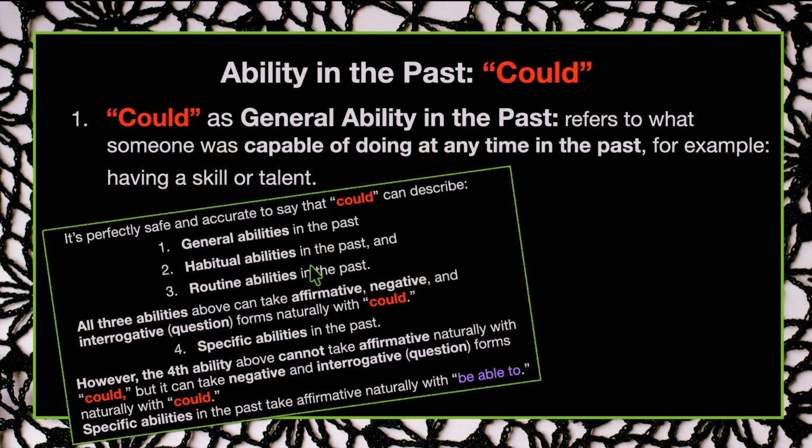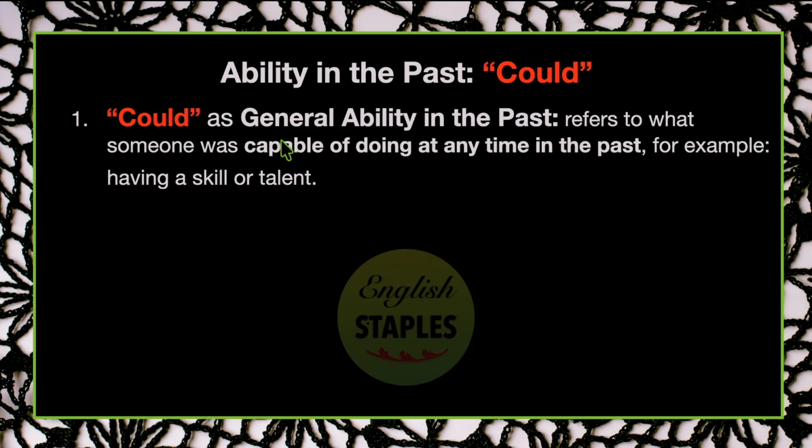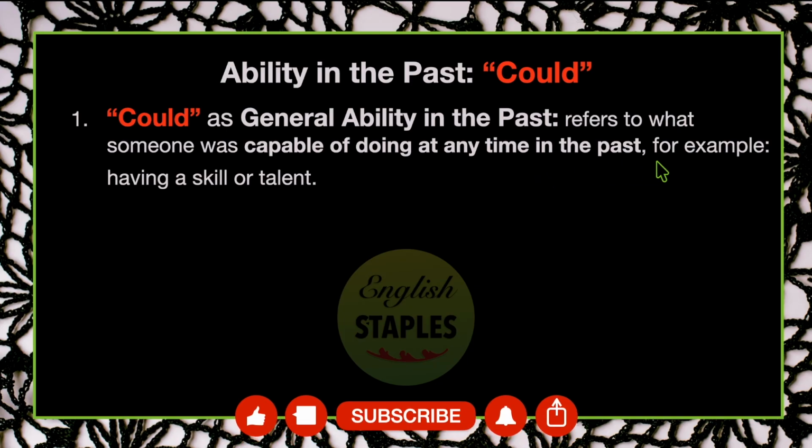We just finished talking about this, and I'll use this copy as our checklist. The first on the list that we are going to talk about is general abilities in the past. General abilities in the past refers to what someone was capable of doing at any time in the past. For example, having a skill or talent.